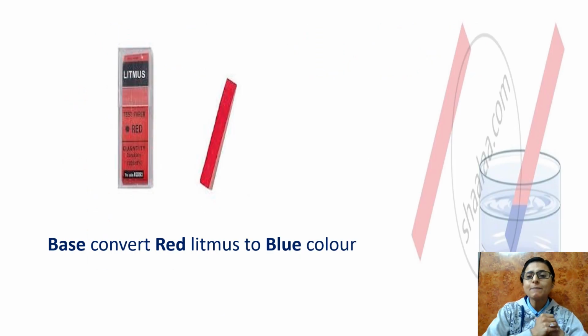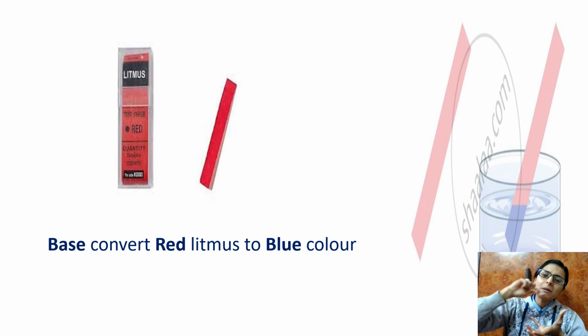So that's why, on one hand, we use blue litmus paper to identify acids. On the other hand, we use red litmus paper to identify whether a particular compound is a base or not. Take red litmus paper. Take a glass and fill it with a solution of detergent or soap.